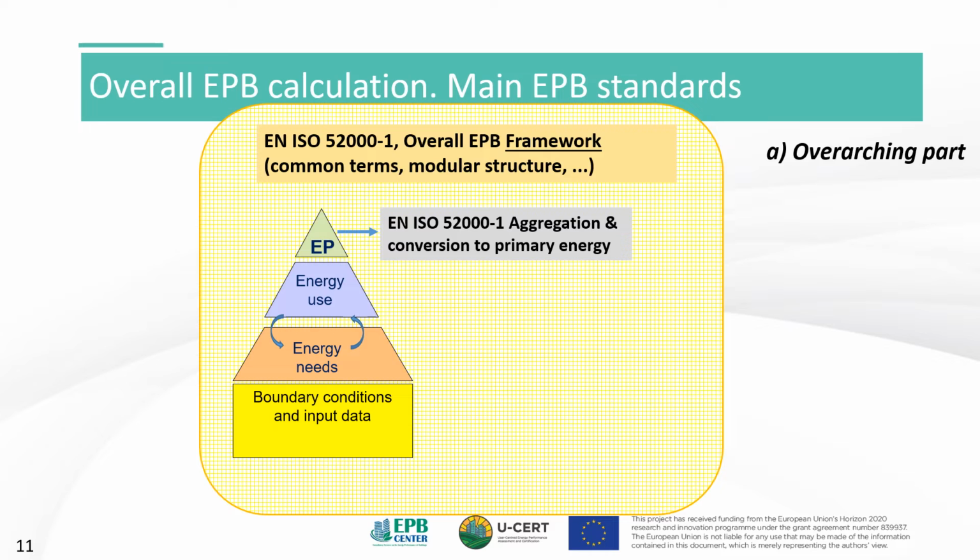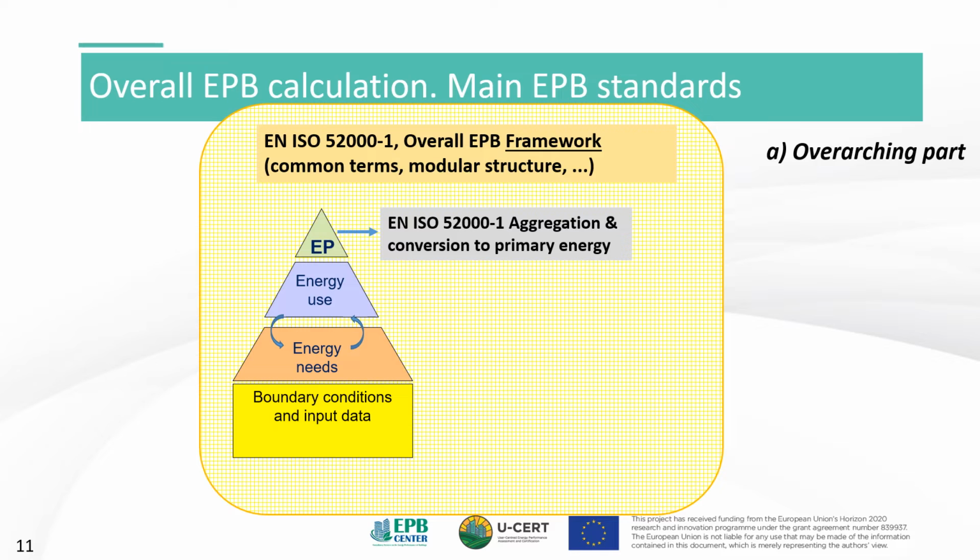And the overall energy performance of the building is covered by EN ISO 52000 Part 1, the overarching standard, which gives you the aggregated values on the energy performance and the conversion to primary energy.